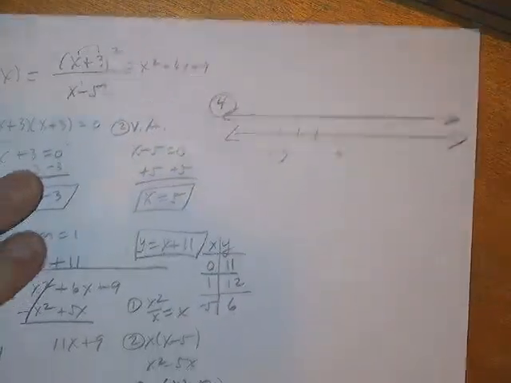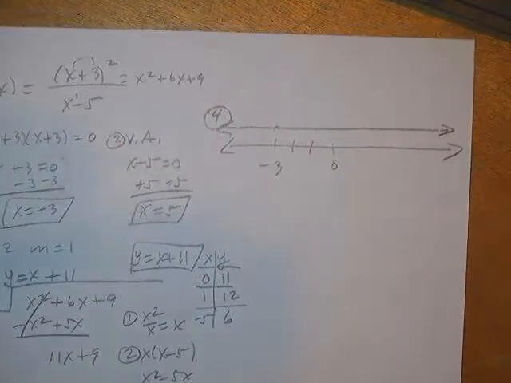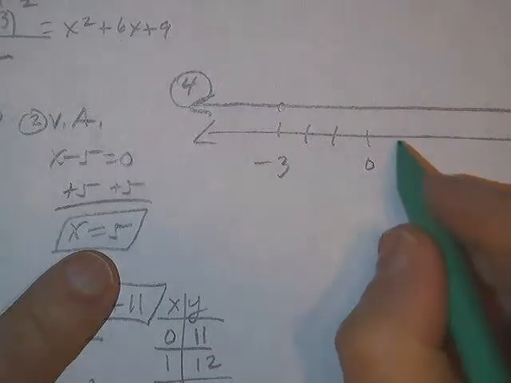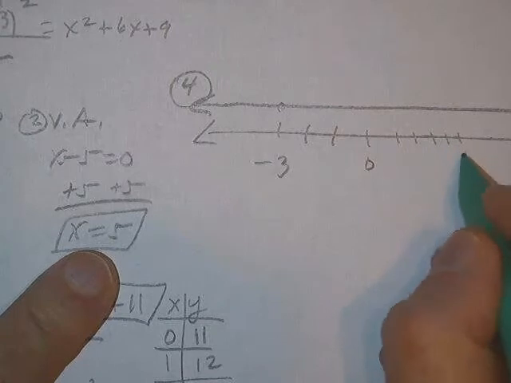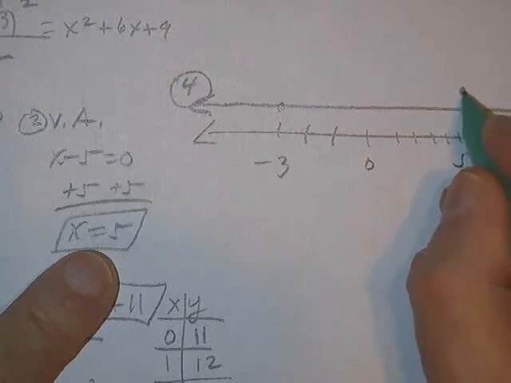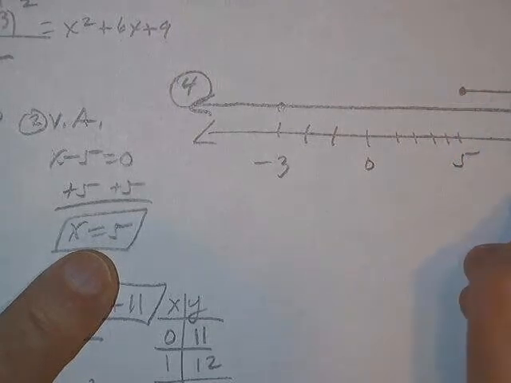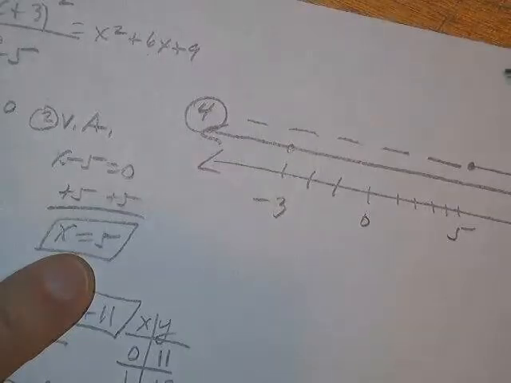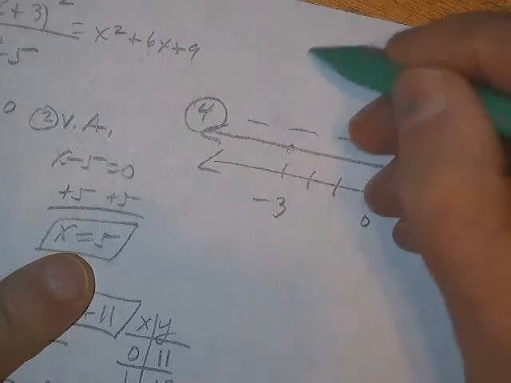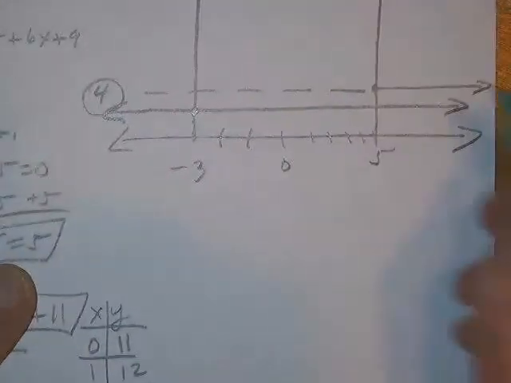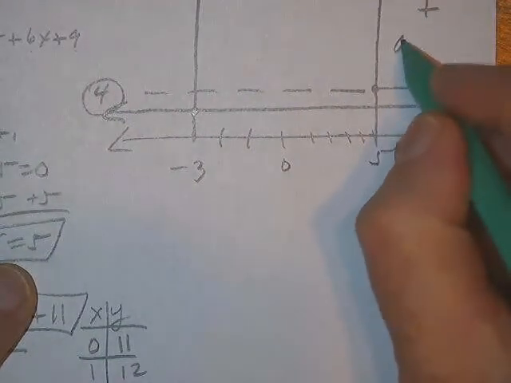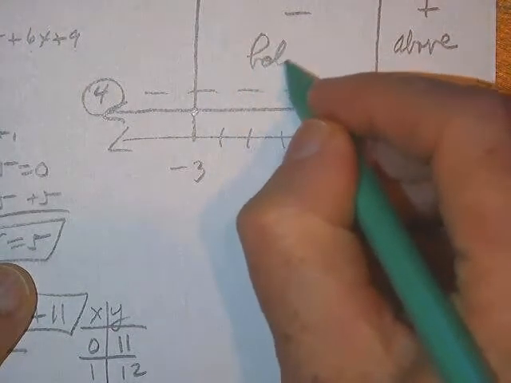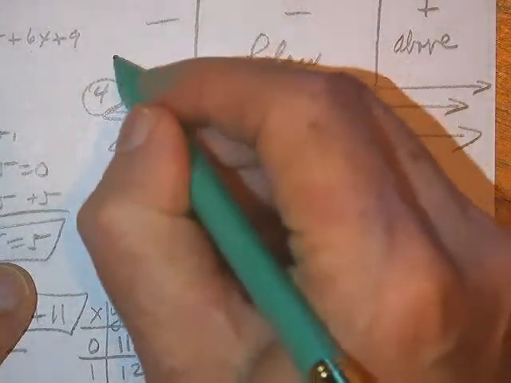So that one's positive everywhere. And then I've got +5, 1, 2, 3, 4, 5. And this one is positive to the right, negative to the left. And here I get positive, this one's above, negative, and negative.